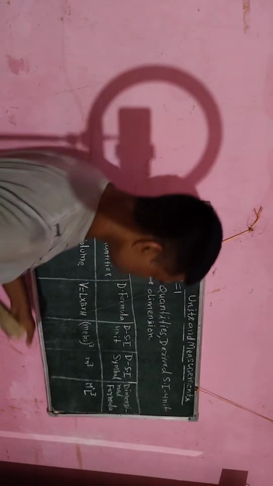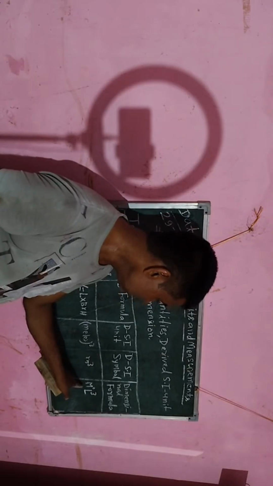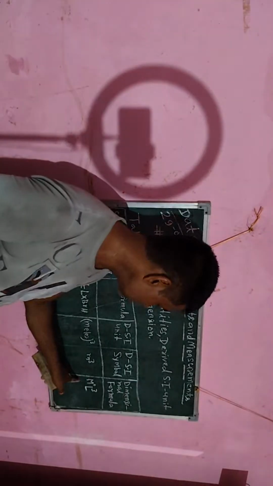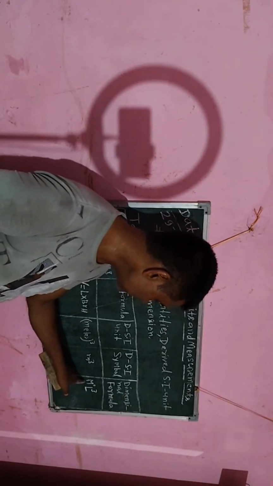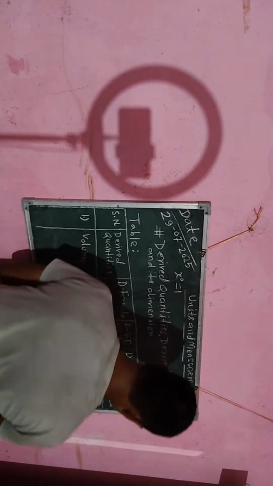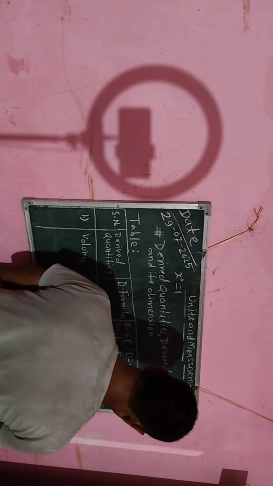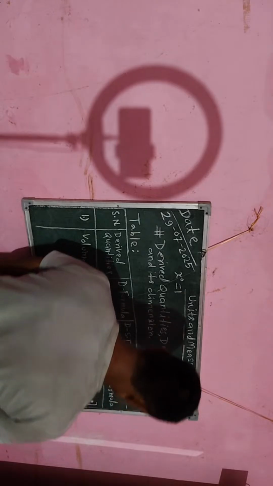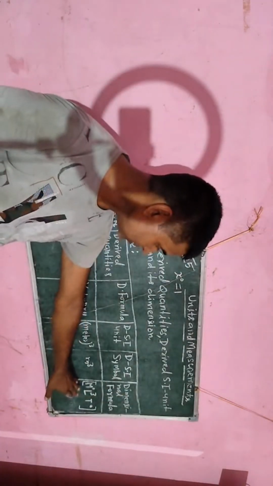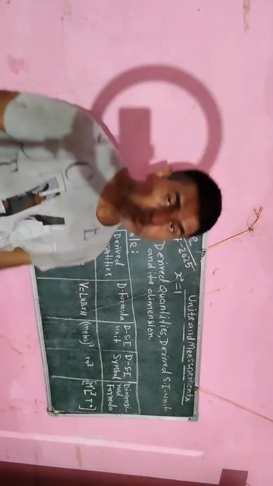So m is absent, so I can put m to the power 0. Now t is also absent, so I can put t to the power 0. And each dimensional formula is written in a big bracket, so you follow it. So the dimensional formula can be written in this form: M to the power 0, L to the power 3, and T to the power 0.